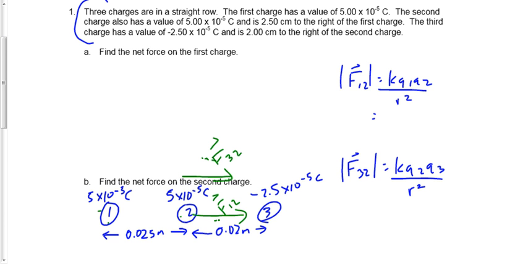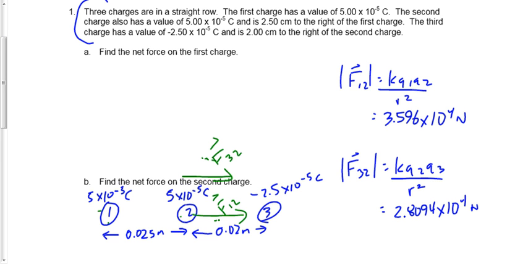But I'm going to trust right now that you can do that. When I do F12, I get a value of 3.596 times 10 to the 4 newtons. When I do F32, I get a value of 2.8094 times 10 to the 4 newtons.